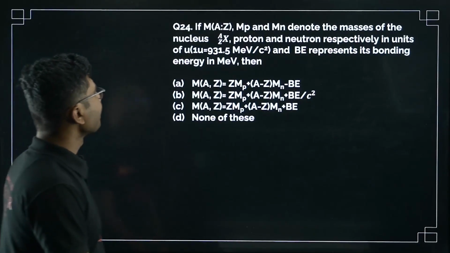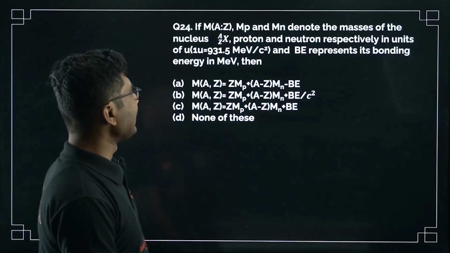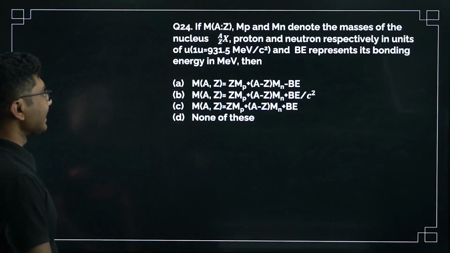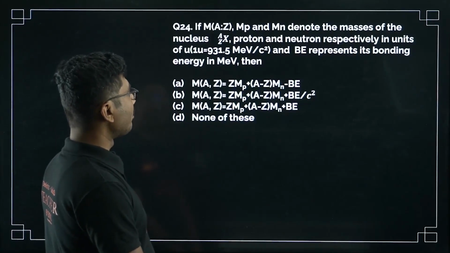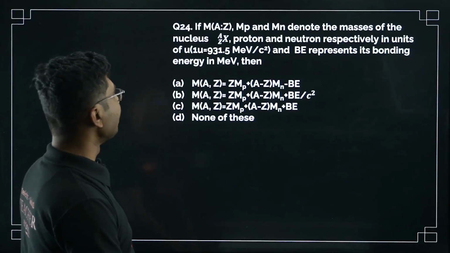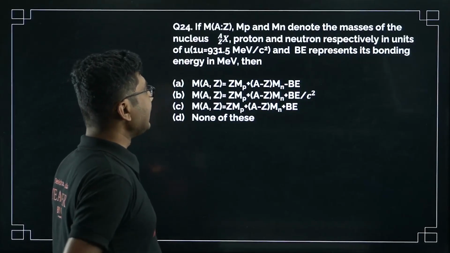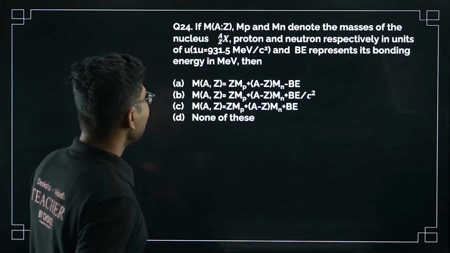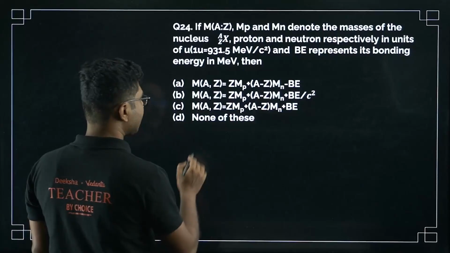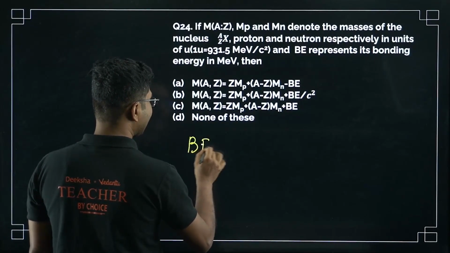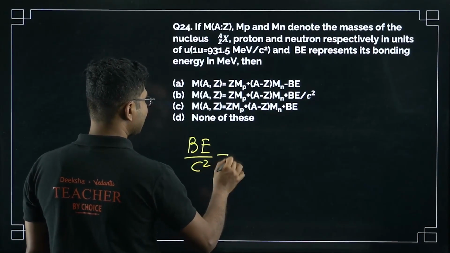Next question. If M of A, Z, Mp, Mn denote the masses of the nucleus A, Xz, proton and neutron respectively in units of U, and Be represents the binding energy in MeV, then which of the following is correct? So we know that binding energy per c square is basically the mass defect.